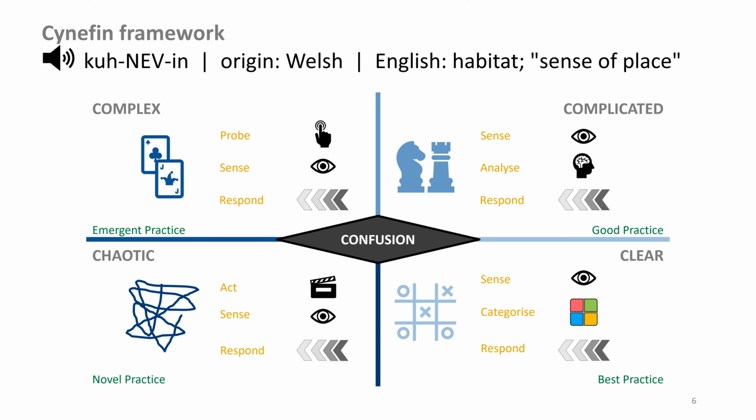This model helps us to understand what task we are dealing with and how we are dealing with it. We will see later that agile approaches like Scrum and Kanban usually help us to solve our complex tasks.